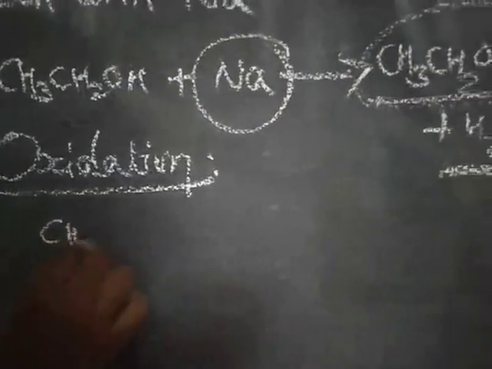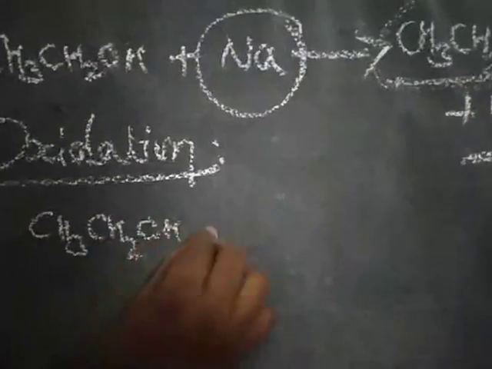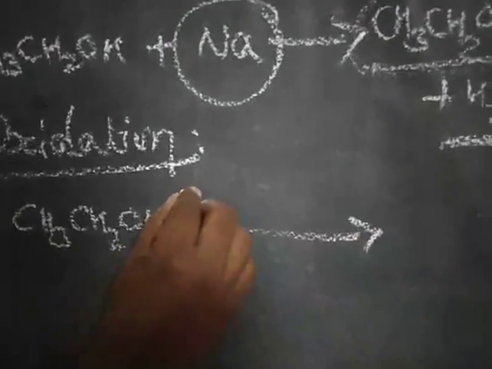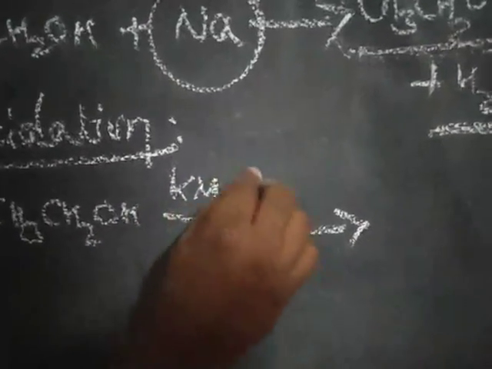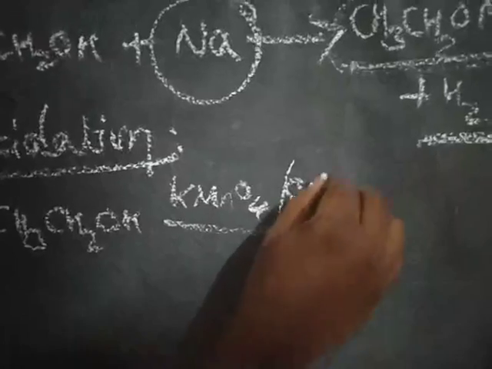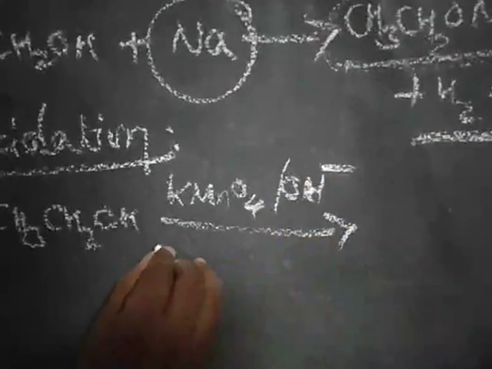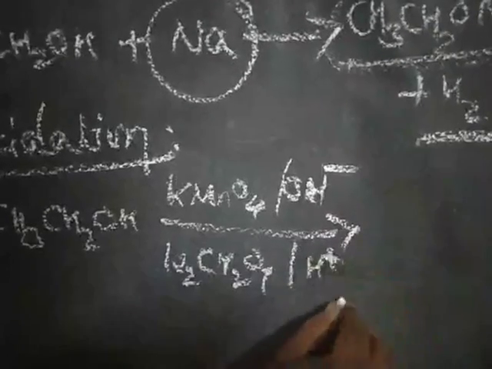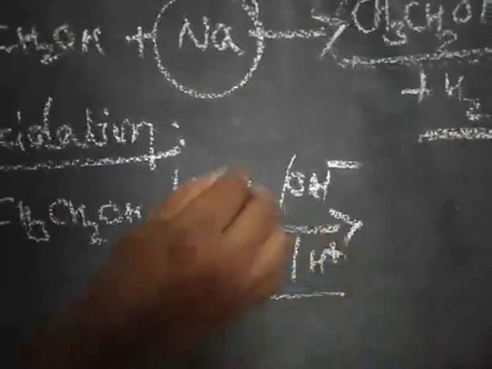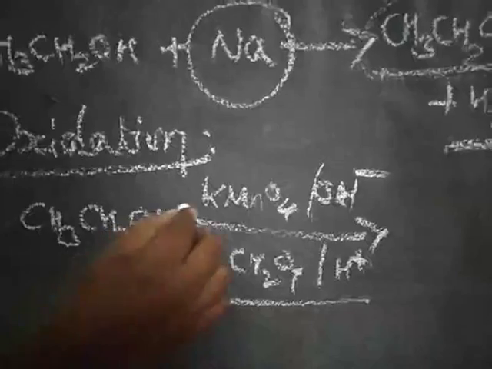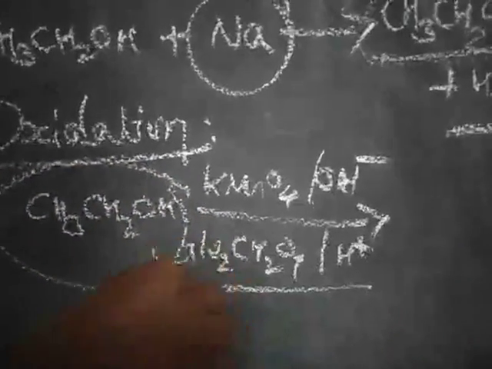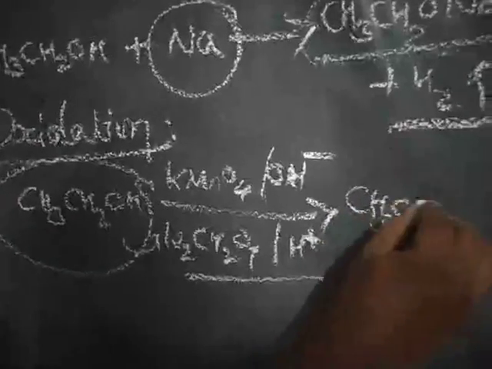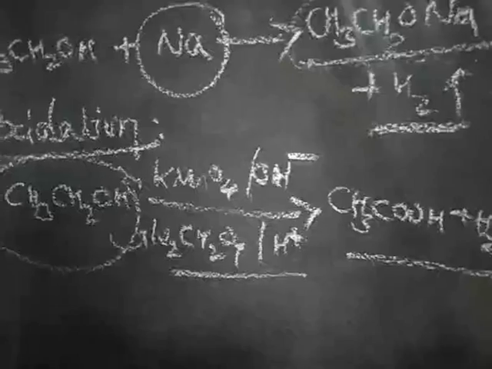CH3CH2OH. Alkaline means OH minus. K2Cr2O7 with H plus, acidified potassium dichromate, or alkaline potassium permanganate. In presence of this oxidizing agent, ethanol is oxidized to give acetic acid plus water molecule.